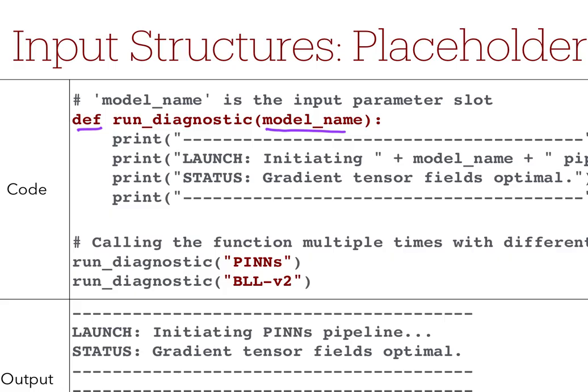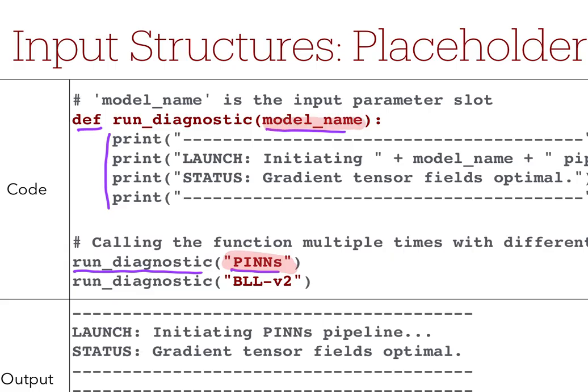So this function will perform this task defined by 4 print lines. And if I call run diagnostic with a certain text string, pins, this is an argument the user provides.